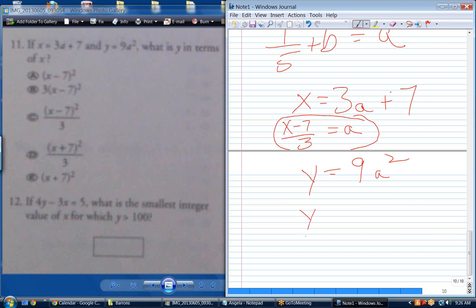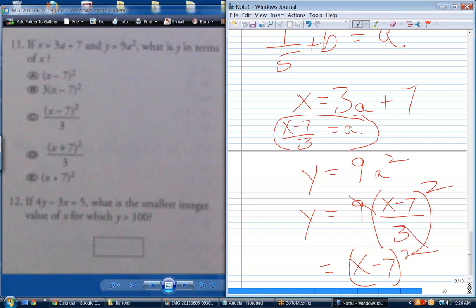So what do we have here? We have y equals 9 times the quantity x minus 7 over 3, squared, because the 9 and the 9 cancel.